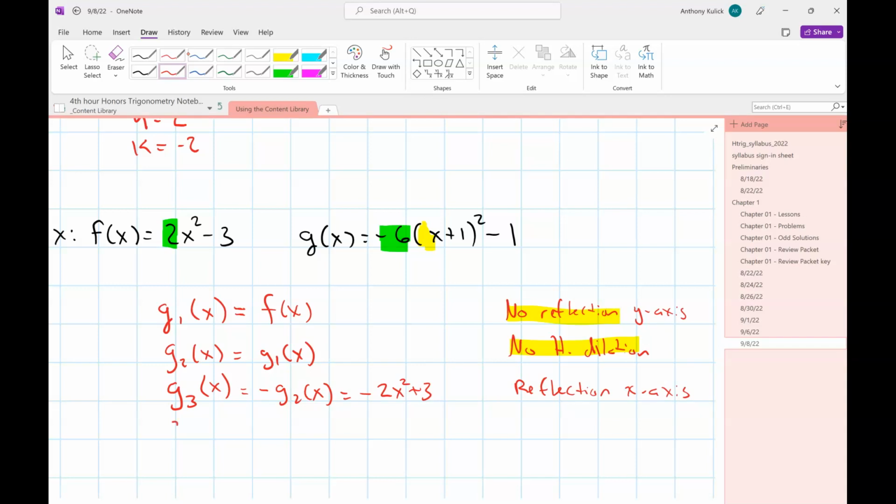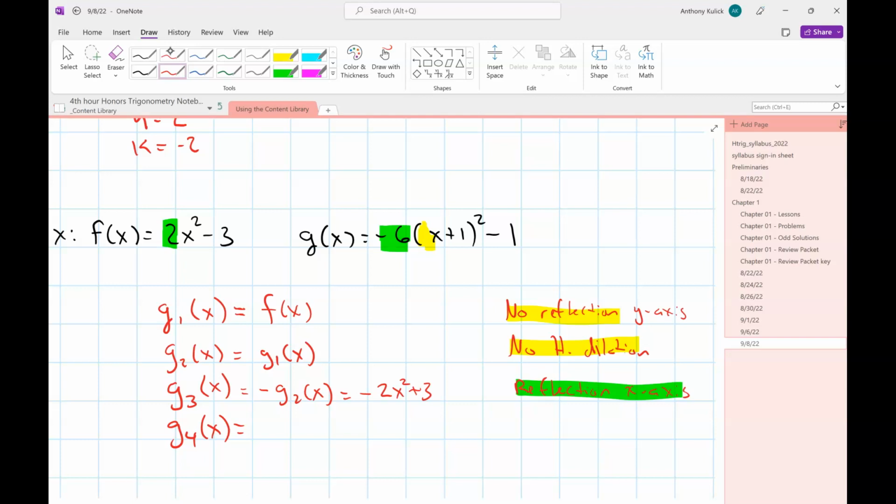Okay. Next thing I'm going to do is worry about the vertical stretches and shrinks. Again, using the a. My coefficient there has gone from 2 to 6, since we already dealt with the negative part.